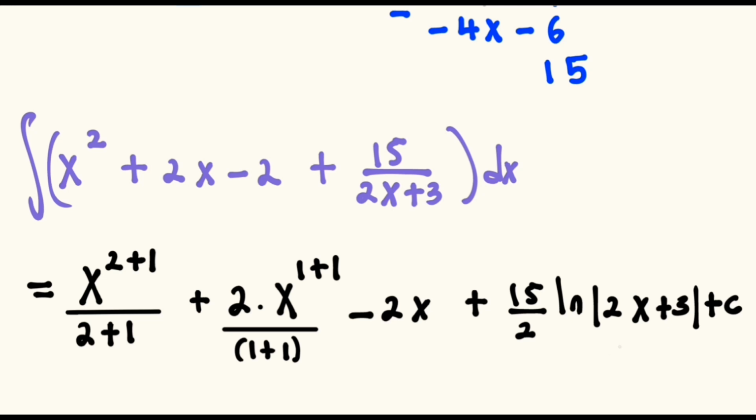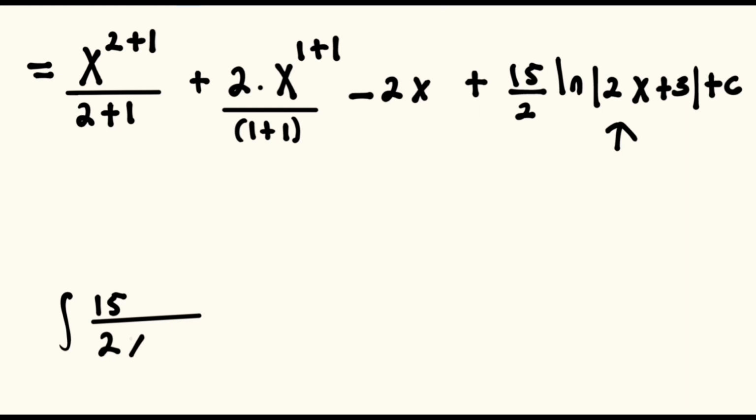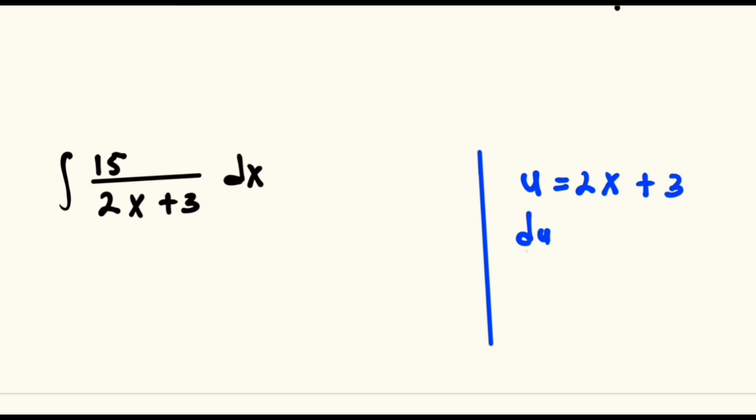So if you are wondering how we got this, if you cannot integrate the 15 divided by the 2x plus 3 by inspection, you can use the u-sub method, where we let u be equal to 2x plus 3, and the derivative of u with respect to x will be equal to the derivative of the 2x, which is equal to 2, and the derivative of the 3, which is equal to 0, multiplying both sides of the equation by the dx.